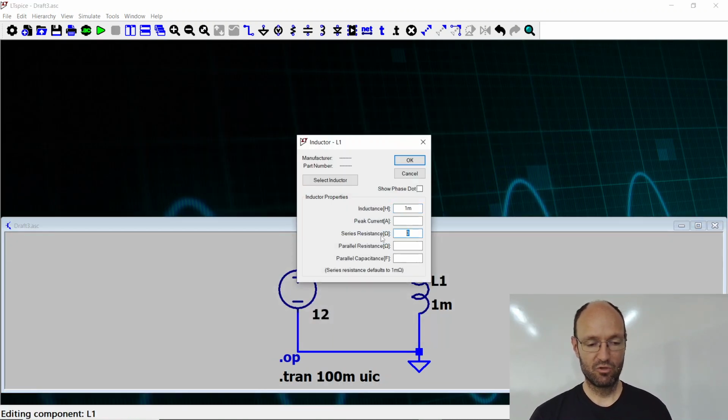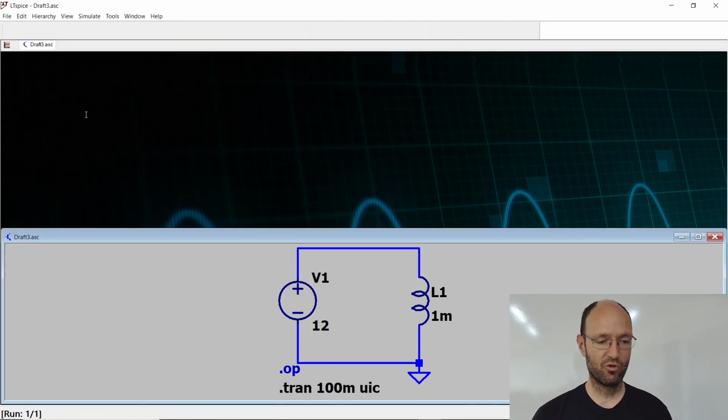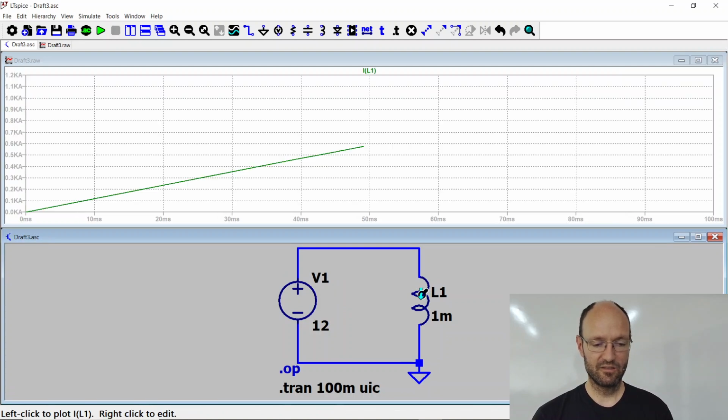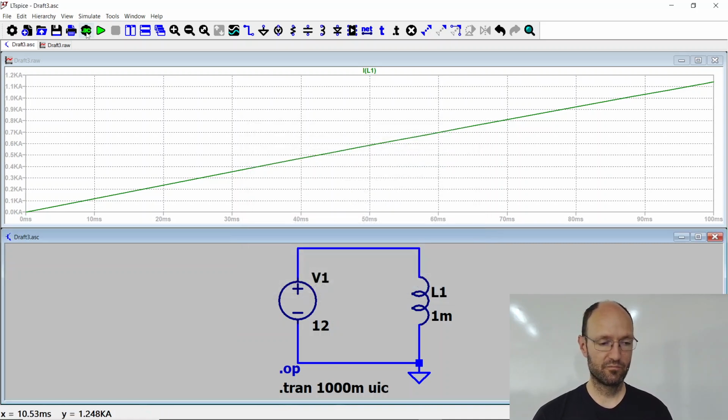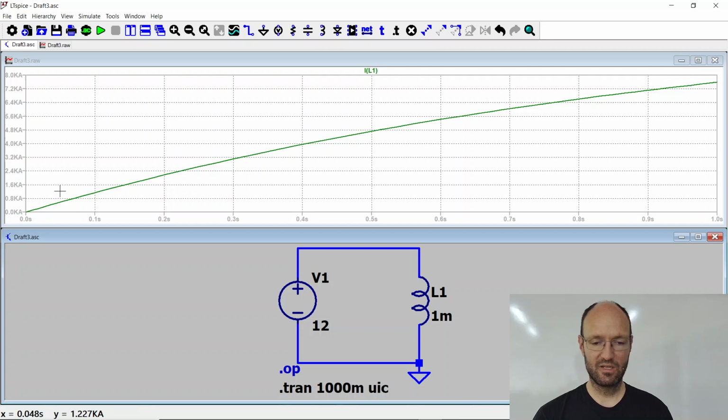Because of this resistance that is not perfectly 0, it won't be a perfect linear curve, especially if I go up for longer times. And you can see that it's a little bit bending down.